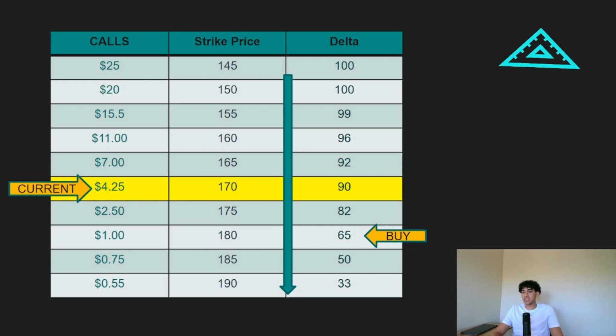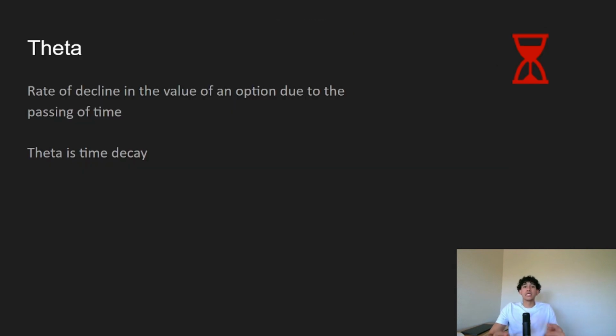If you look at the strike prices that are more than $10 in the money, the deltas are close to 100, meaning your option contract will move as much as the underlying stock price. So delta is a measure to assess how far out of the money you can go to buy an option.